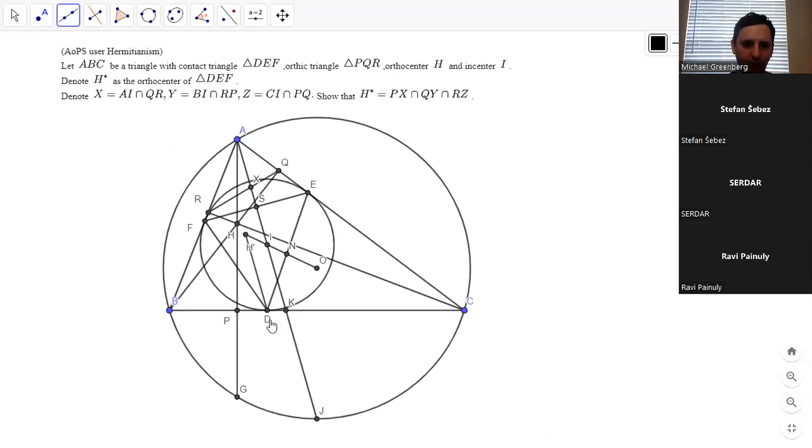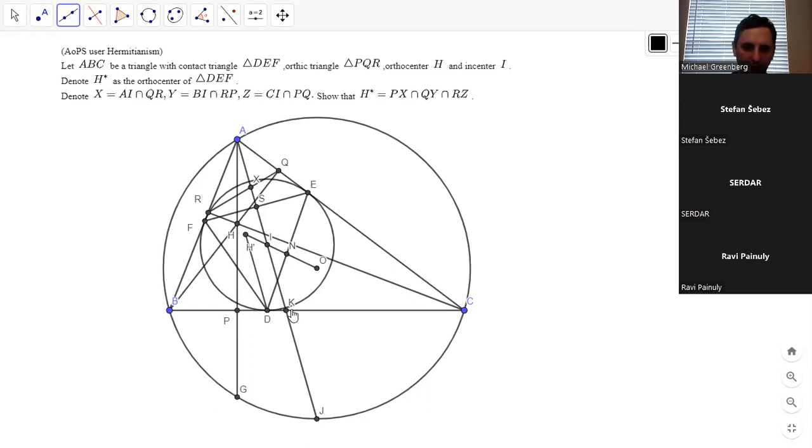So we could try to show H prime B over PD is XK over KP. Actually, that might not be so bad. That almost seems bashable. We want to show H prime B over DP is equal to XK over KP.